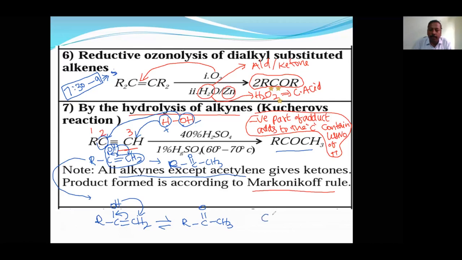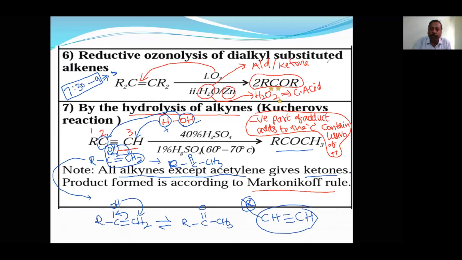For acetylene there is no problem at all, because acetylene is CH triple bond CH, so there is no chance of a ketone, since for a ketone at least one alkyl group must be there. If there is no alkyl group, no ketone. So no ketone is formed from acetylene, but the others form ketones according to Markovnikov's rule.